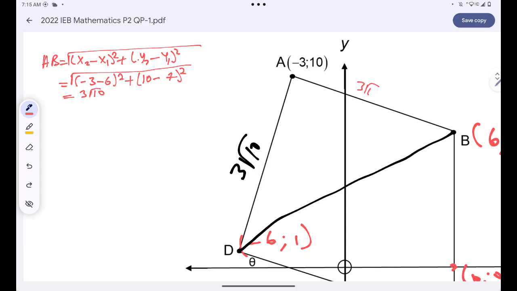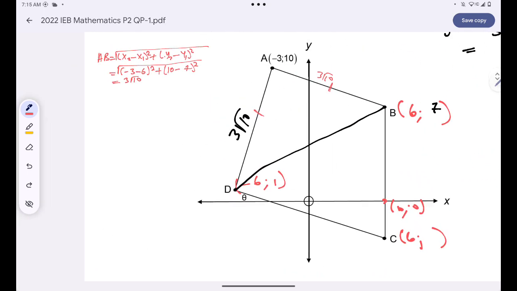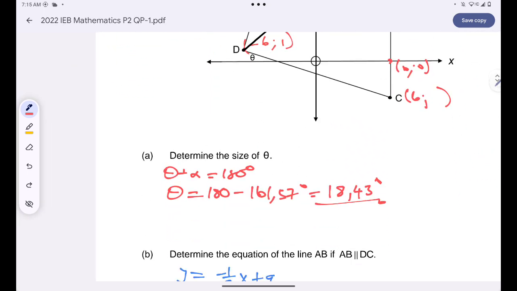So I don't need to find the length of BD, because now I've shown that this side is equal to this one. So I can therefore conclude that I have an isosceles triangle. AB is equal to AD.